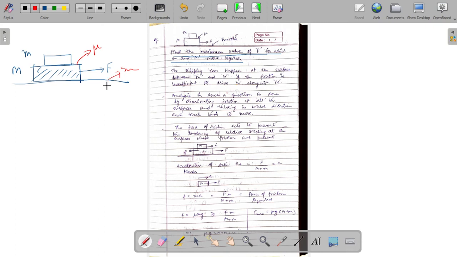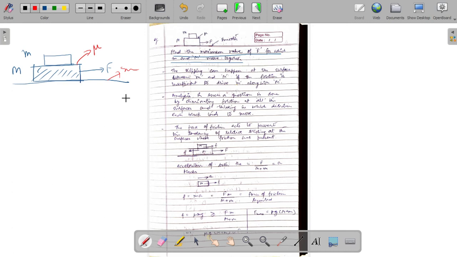To approach these questions, we start with a very simple idea: we first assume that the masses capital M and small m are not sliding with respect to each other. Even if they were to slide, we'll take that case in the second point.